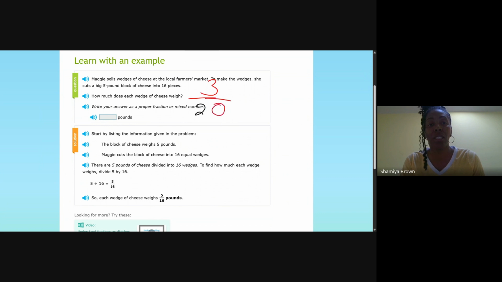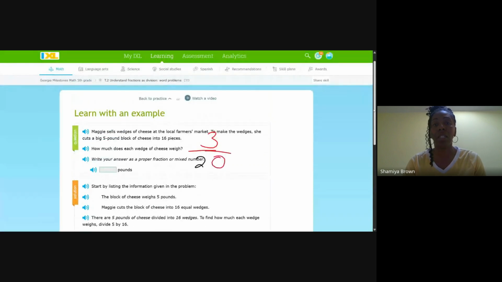So 5/16. And it says, start by listing the information given. The block of cheese weighs 5 pounds. Maggie cuts the block of cheese into 16 equal wedges. So that's 5 divided by 16. She's cutting the block into 16 pieces, and it's a 5-pound block right now. So 5/16. Okay, I think I got that.